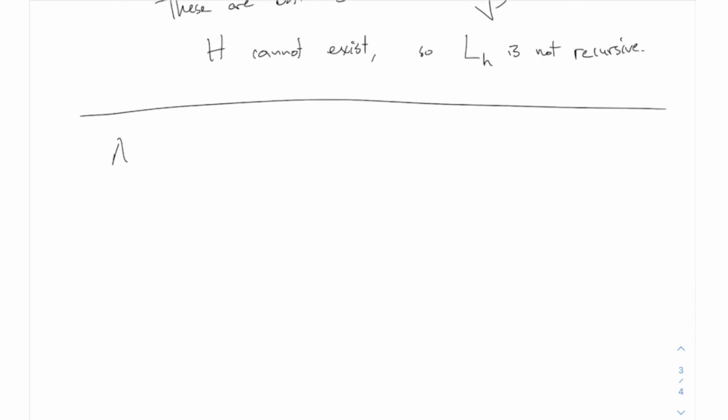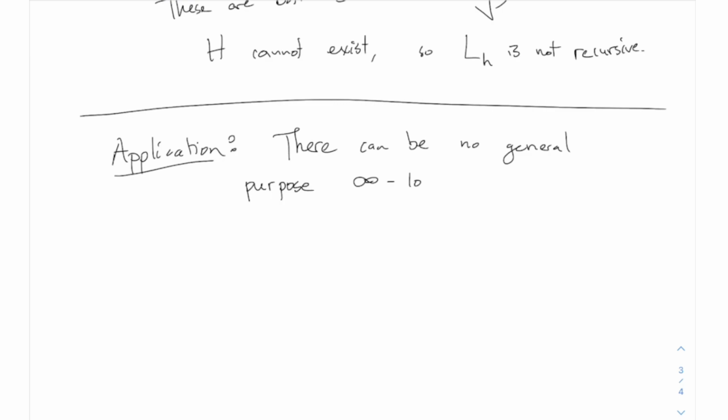So one application of this, perhaps not a useful one, is that what this means in a real-life programming language or on a real-life computer is that there can be no general-purpose infinite loop detector for real programming languages.